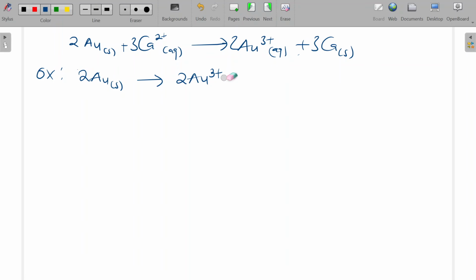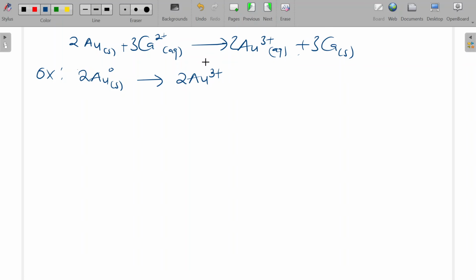So if you are to add the electrons which are being transferred here, since this one is already balanced, you need to check the difference in the electrons. Here there is a 0, so 2 times 0 is 0 this side. This side it is 2 times the 3 plus, which becomes 6 plus, or 6 electrons.